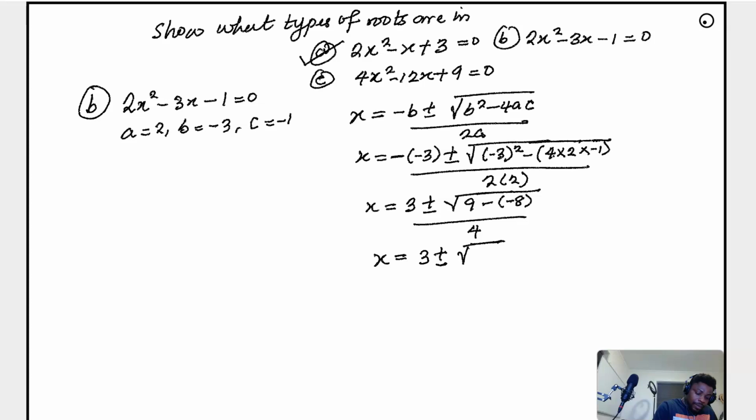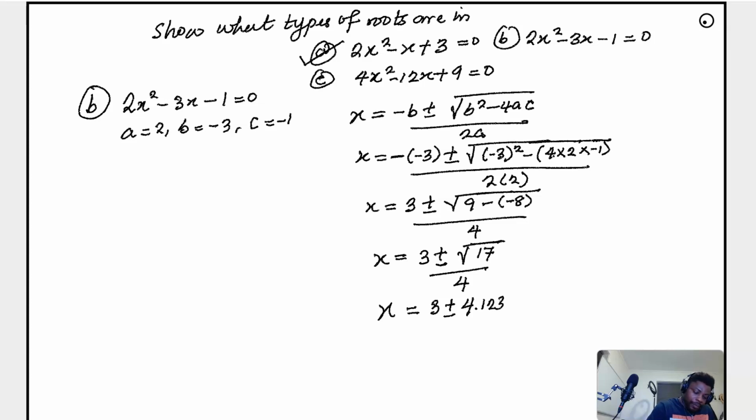So this is 3 plus or minus square root of, minus times minus, that is plus. So 9 plus 8, that is 17, divided by 4 here. So in this case, this is 3 plus or minus square root of 17. I can say square root of 17 gives me 4.123.